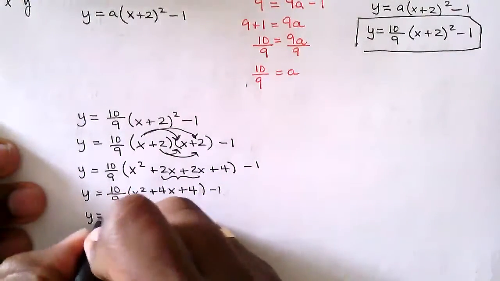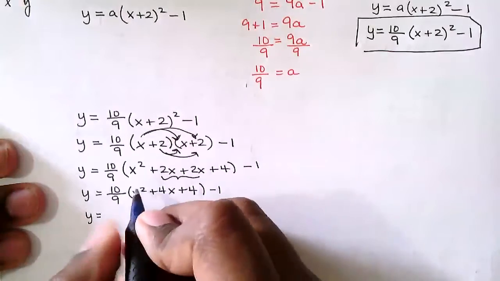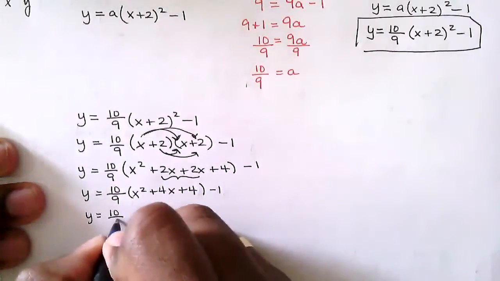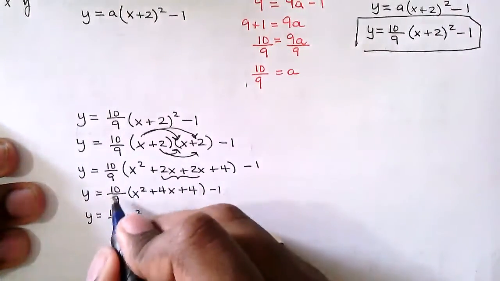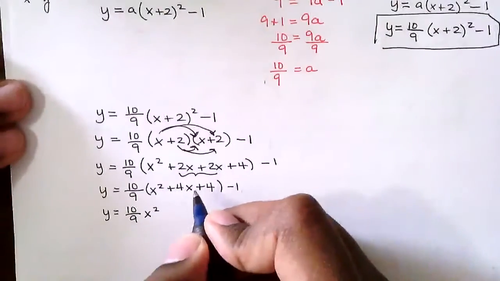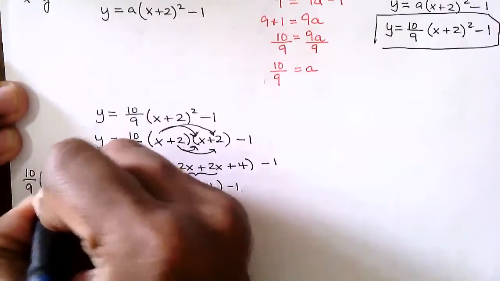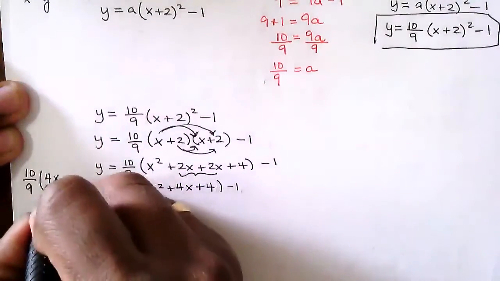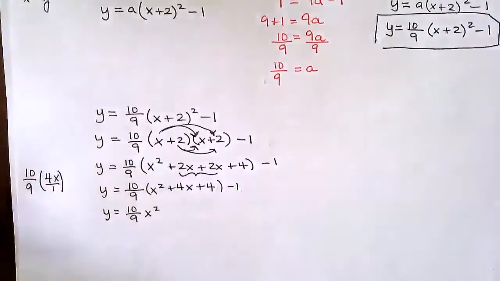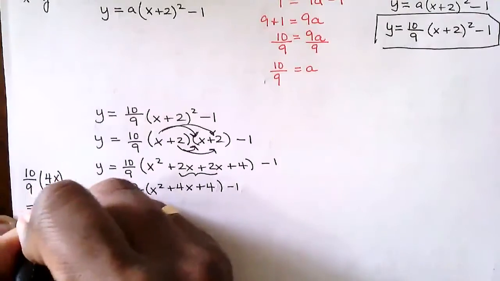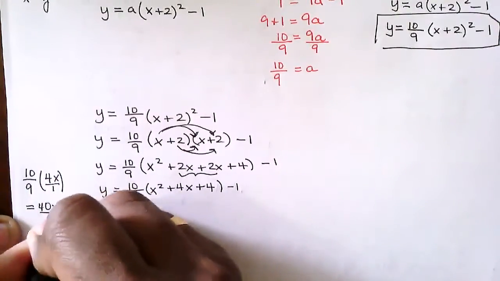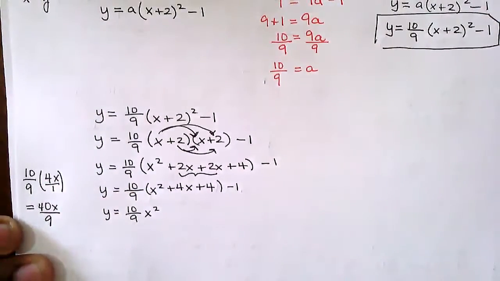So again, here we have 10 over 9 times x squared, 10 over 9 x squared, 10 over 9 times 4x. Again, if you need to do it on the side, do so. I'm going to make this into a fraction, but what I see is there's not really anything I can reduce. So the top is just 10 times 4x, which is 40x, and the bottom is 9 times 1, which is 9.